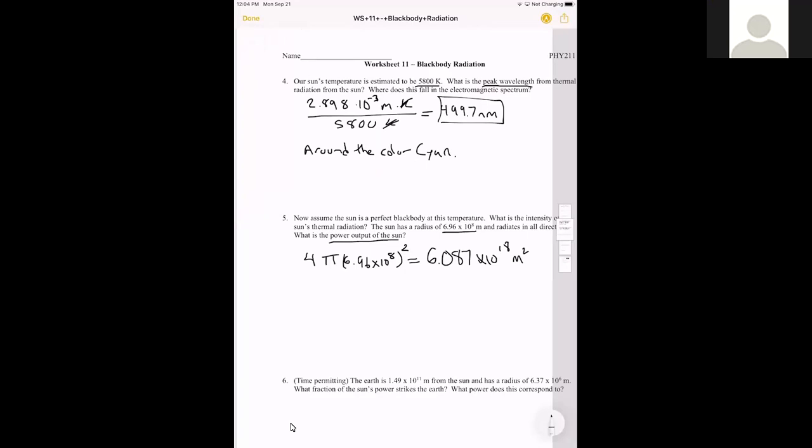Well, maybe you can annotate if you want. Agree with that. Just about 500 nanometers. Yep.